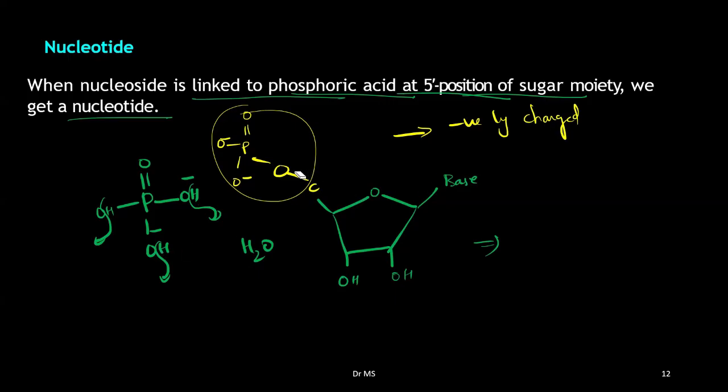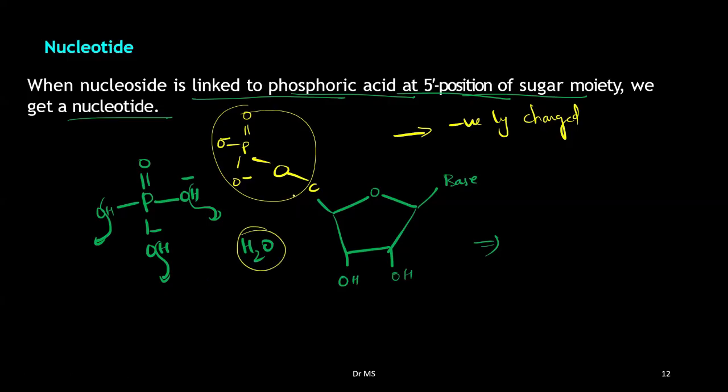Due to that, it will give the negative charge to the DNA. So if a question comes like whether DNA is positively charged, negatively charged or neutral, you should say it's negatively charged because of the phosphate group. The phosphate groups contain OH, they lose the hydrogen and turn out to be O minus. And one such O minus loses the hydrogen and the carbon loses the OH on it and they leave like a water molecule.